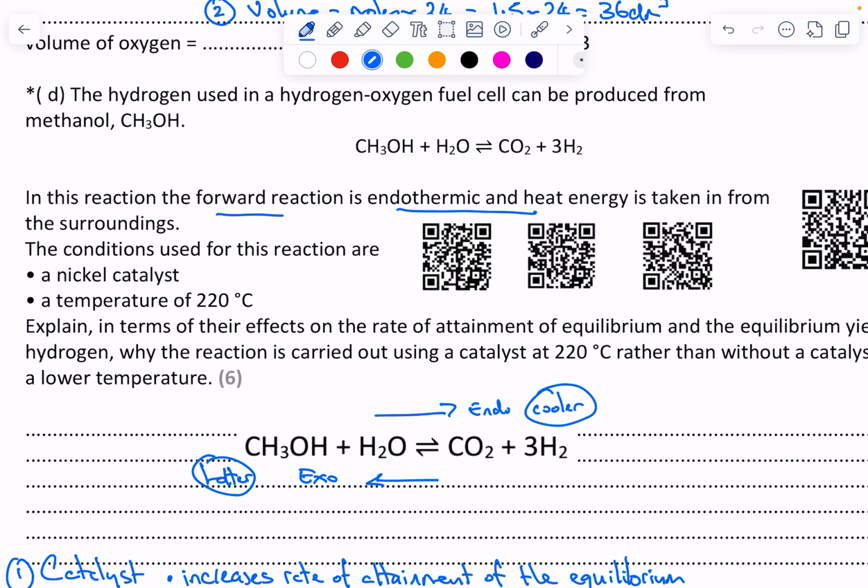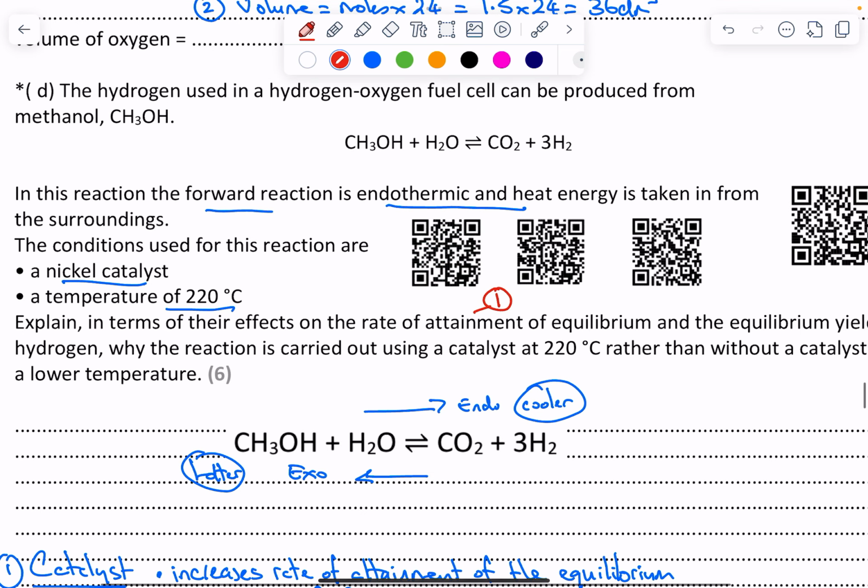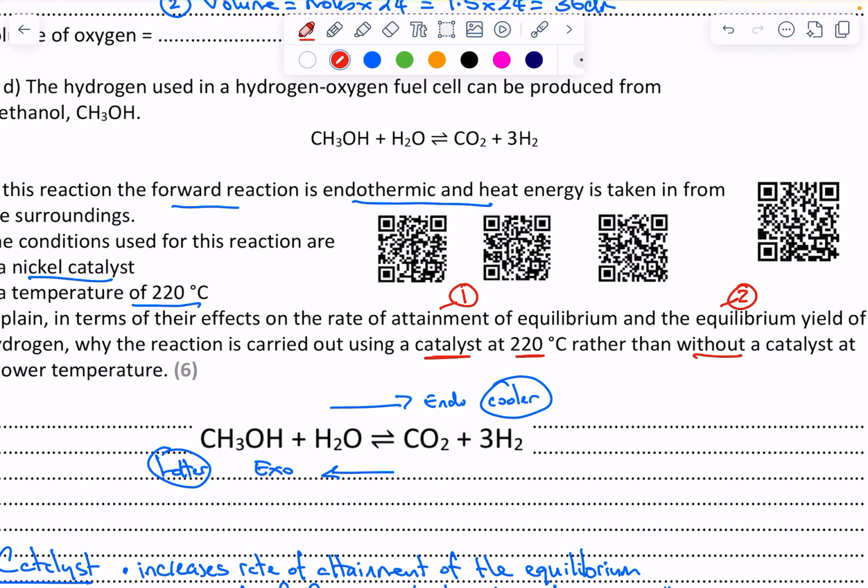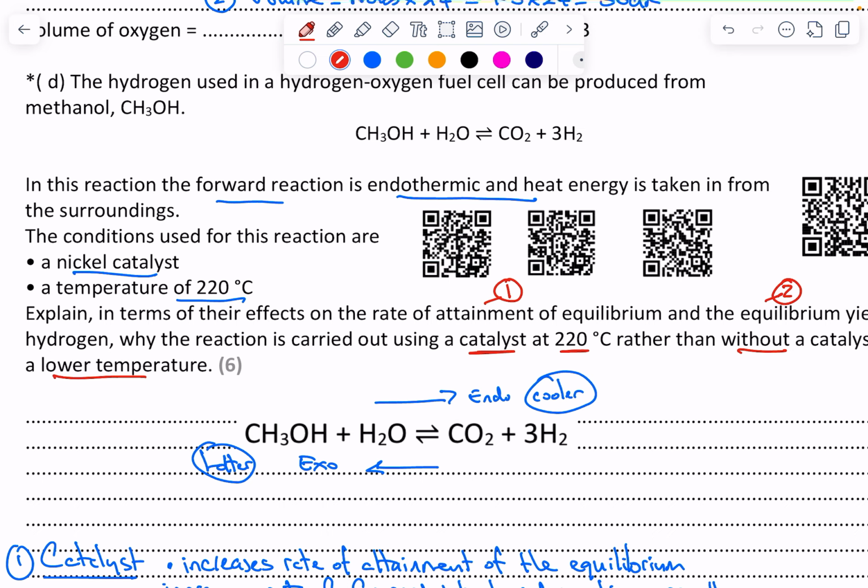It tells me the conditions are a nickel catalyst and a temperature of 220 degrees. Explain, in terms of their effect on attainment of equilibrium and the equilibrium yield of hydrogen, why this reaction is carried out using a catalyst and at 220 degrees rather than without a catalyst and at a lower temperature.